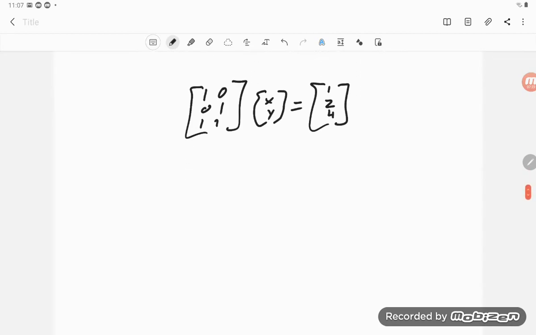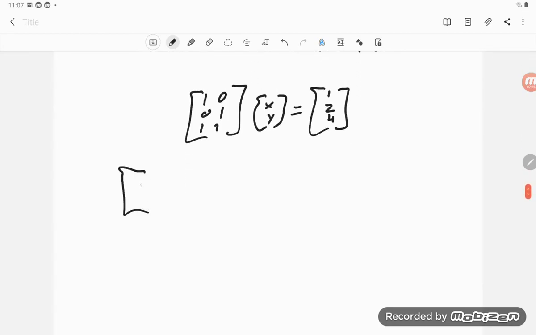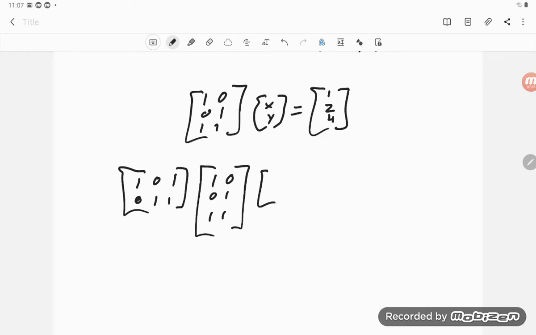Okay, I'm going to multiply both sides by this transpose, so that's 1, 0, 1, 0, 1, 1 times 1, 0, 0, 1, 1, 1 times x, y equals, and remember the transpose on this side, 1, 0, 1, 0, 1, 1 times 1, 2, 4.